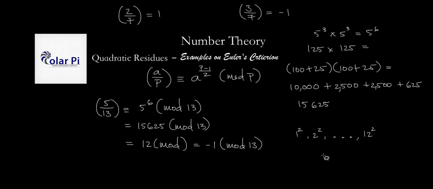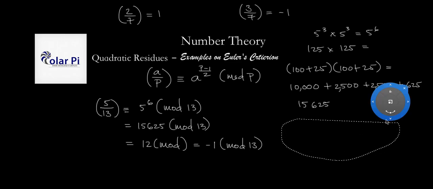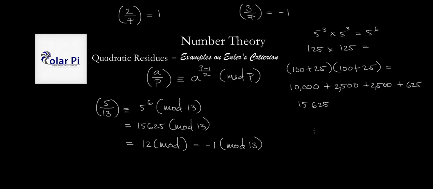In preparation for this video, I wanted to see how to pick my examples. I wanted to do 5 over 29, and that became a pretty hard task. While I was able to figure out what 5 to the 6 was relatively quickly by hand, if we tried to figure out 5 over 29 instead of 5 over 13, on the right-hand side we'd have to figure out what 5 to the power of 29 minus 1 divided by 2 is, and that's 5 to the 14th power.